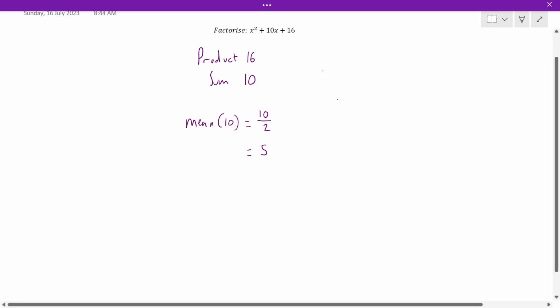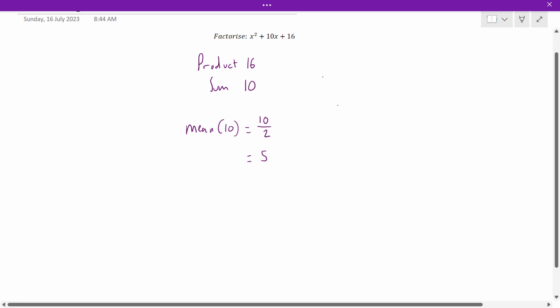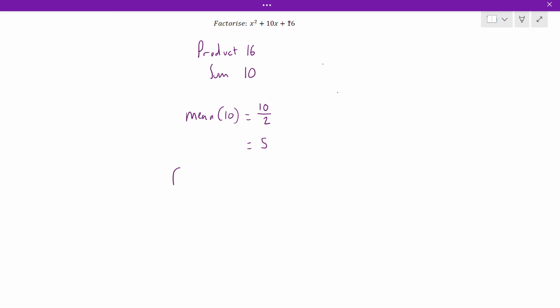Now let's look at the second part of what I was saying: equal distance away from the mean. We can write that as a mathematical expression like this. If I have my mean of 5 minus an unknown number, and then I have my mean of 5 again plus an unknown number.